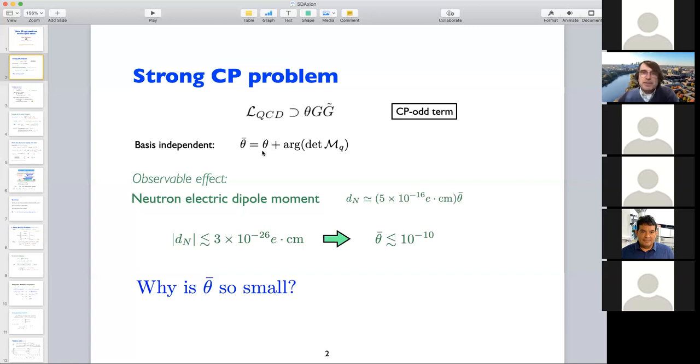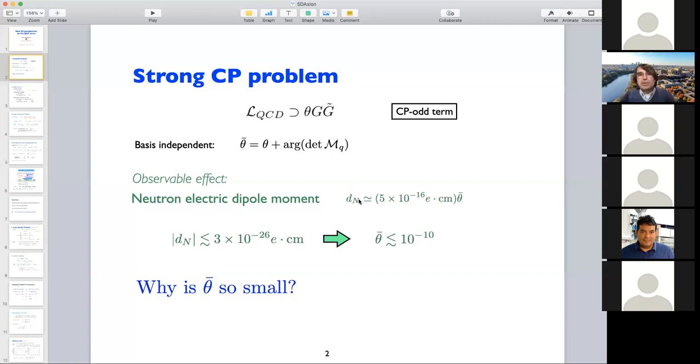There's a piece coming from the QCD vacuum, and there's also a piece coming from a phase in the quark masses. This linear combination, theta bar, is what's basis independent, and this is what can give rise to physical effects. In particular, the most famous effect of theta bar is the neutron electric dipole moment.